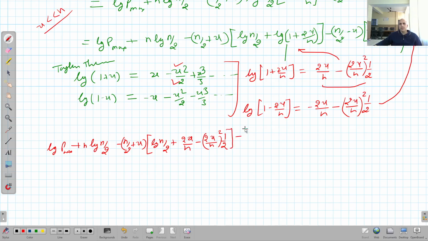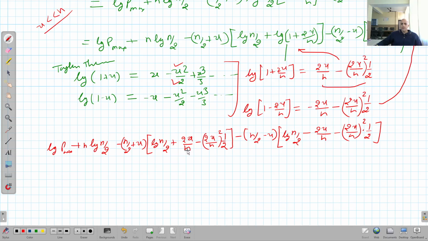Minus (n/2 minus x) bracket log of n/2 minus 2x upon n minus (2x upon n) square into 1 by 2, right? So all these terms are written here.